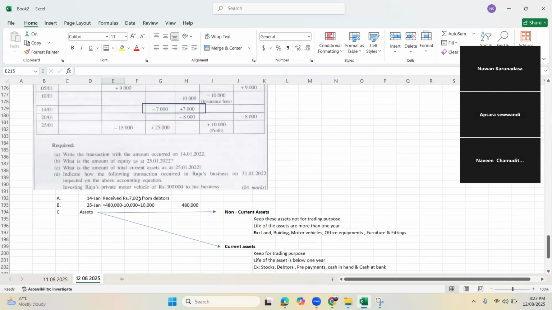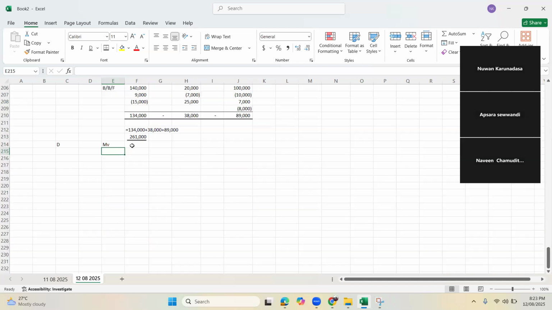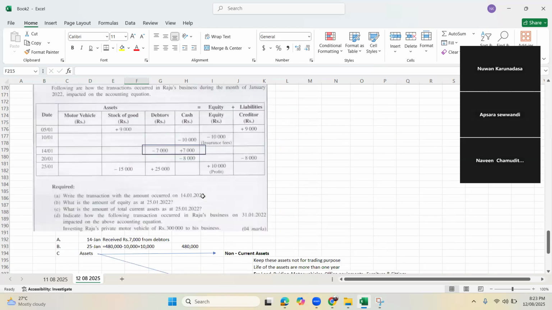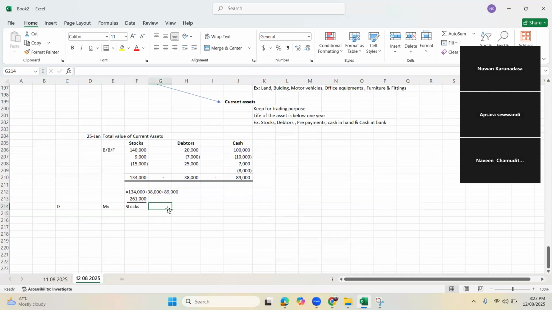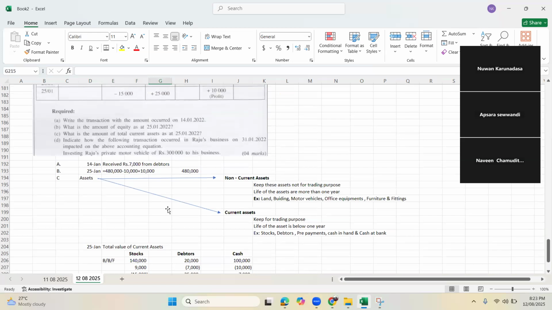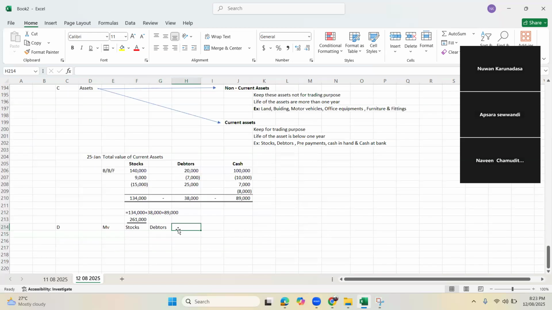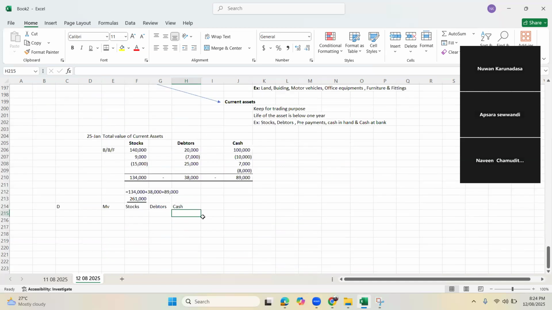Then what else? Stocks, debtors, then cash, then equity, then creditors.